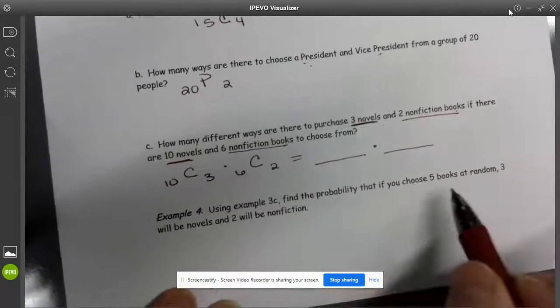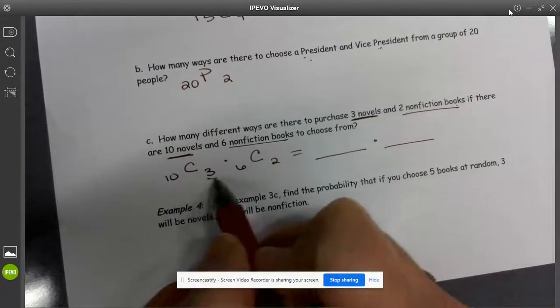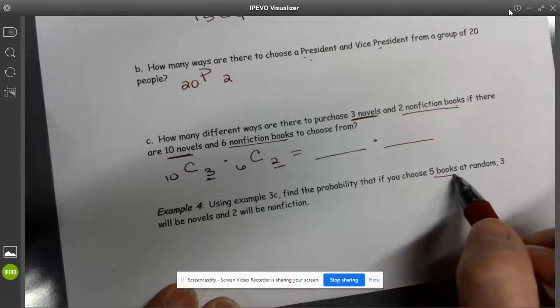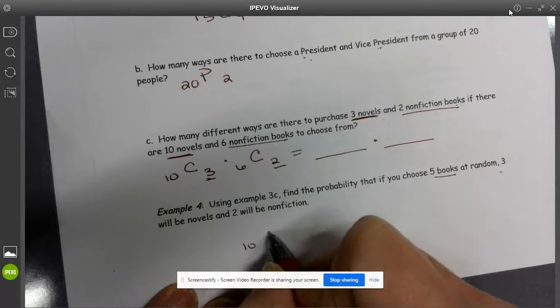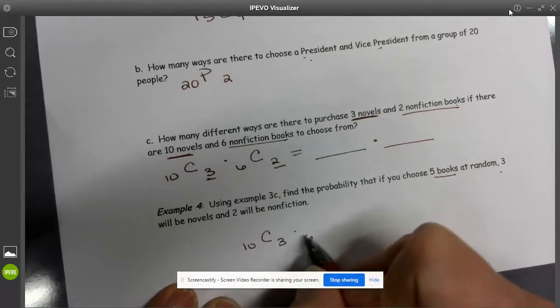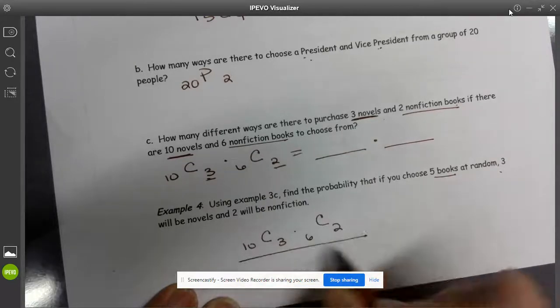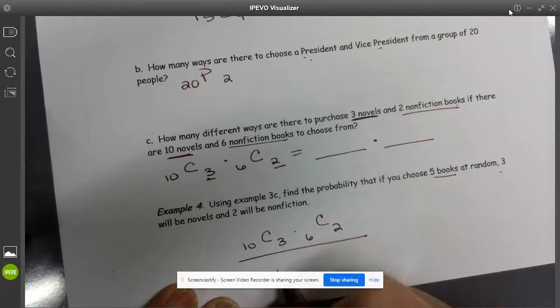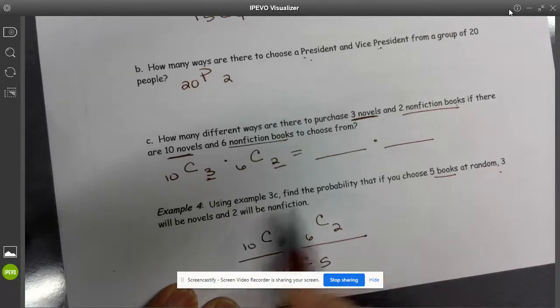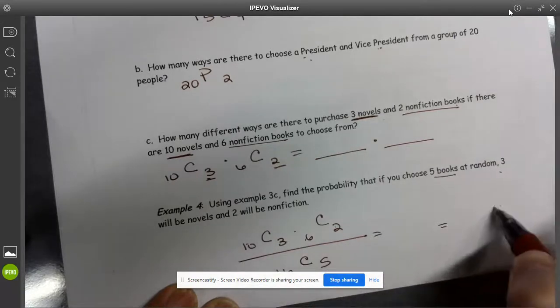Now it's saying that if I choose these 5 books, how many will be 3 and 2? So whatever you want goes on top, and the total, 16 books choose 5, goes on the bottom. These will add up to here and these will add up to here. And then you'll get a percentage.